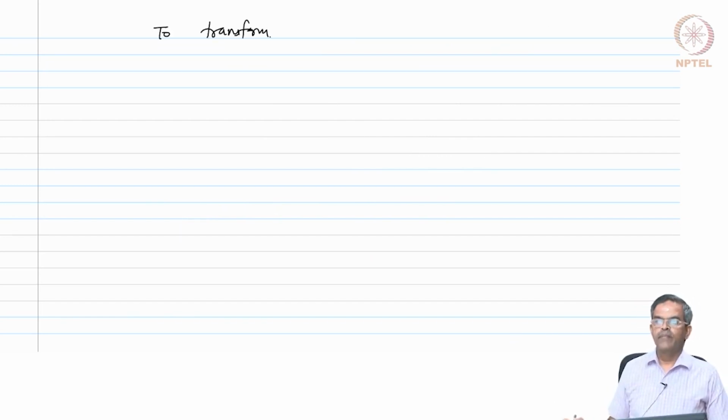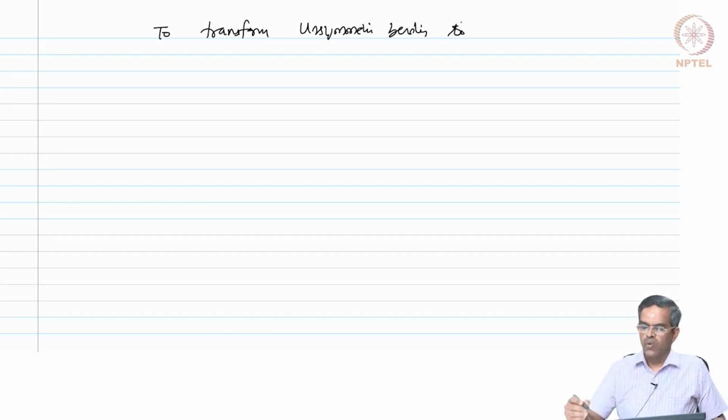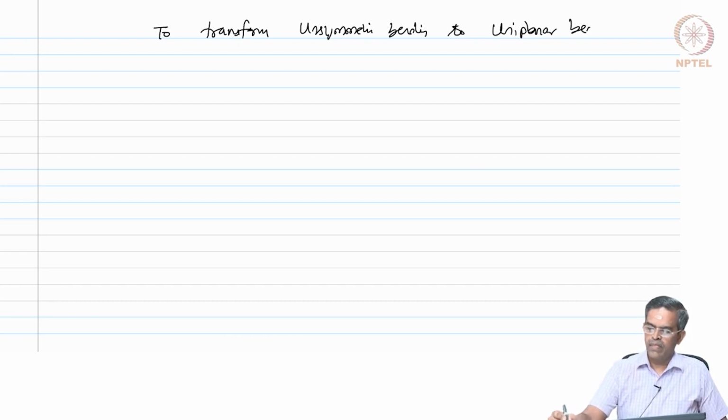So, the objective is now to transform the unsymmetric bending problem to uniplanar bending. That is the objective now.